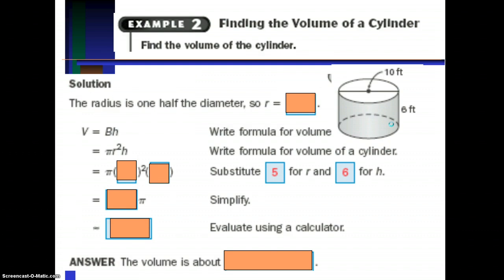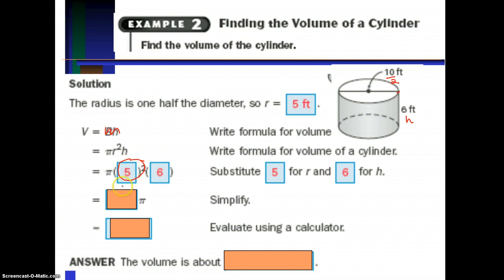So for this example, we want to find the volume of a cylinder. They give you the diameter. Divide this by 2. The radius is 5. Here's the formula we need. Radius is 5, so we square it, times height is 6. There's only 2 numbers that we have. Always do your square first. I think a lot of people get these wrong because they try to take pi times 5.